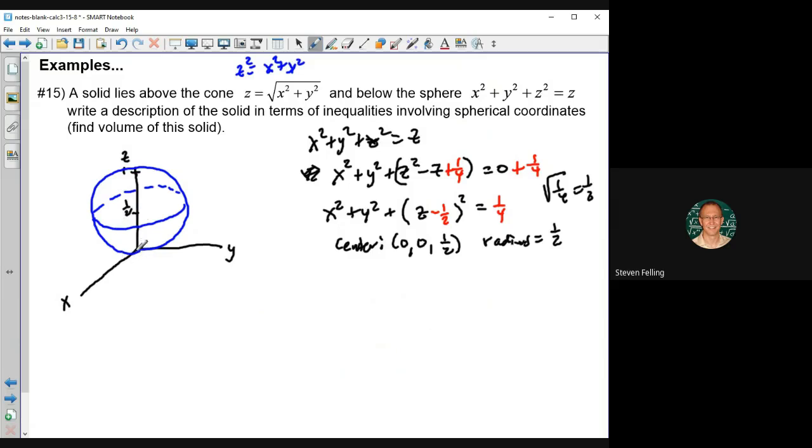So it's just touching the origin down here like that. Okay, and then there's a cone, z equals the square root of x squared plus y squared. So this cone only has positive components. So even though cones usually go up and down, we're talking about the positive component by itself.